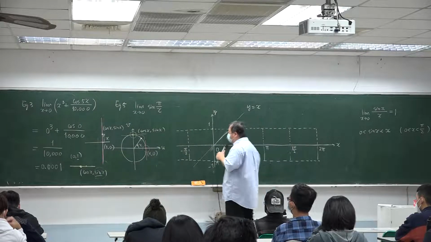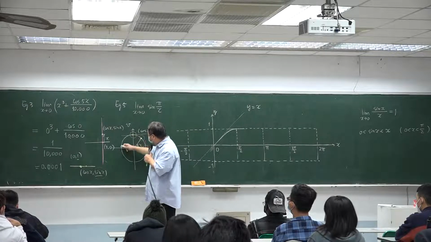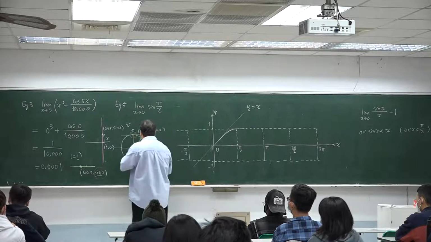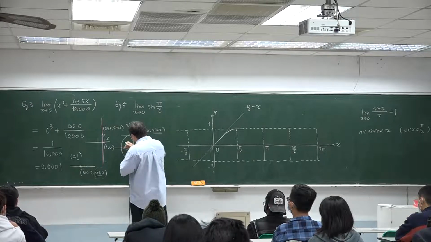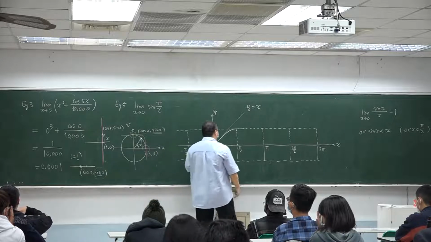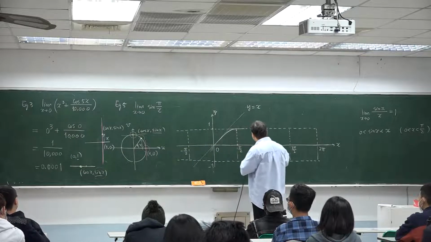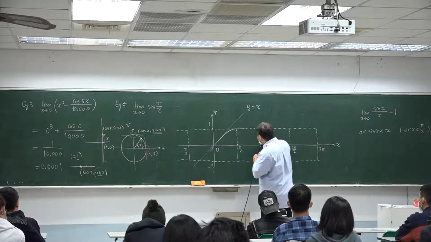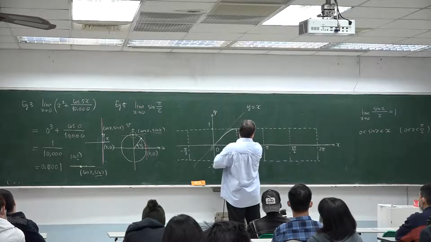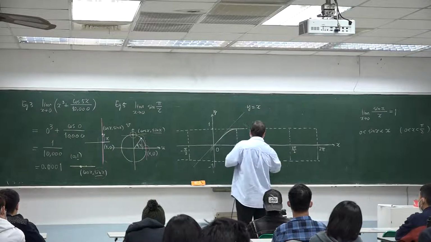Now, if x is greater than half pi, up to pi, then the value of sine will drop from 1 to 0. The behavior is just like how it was increasing, now decreasing. Here the slope is minus 1.